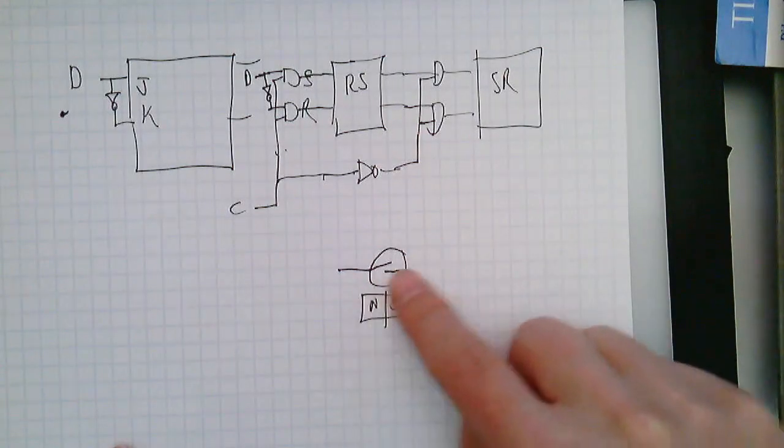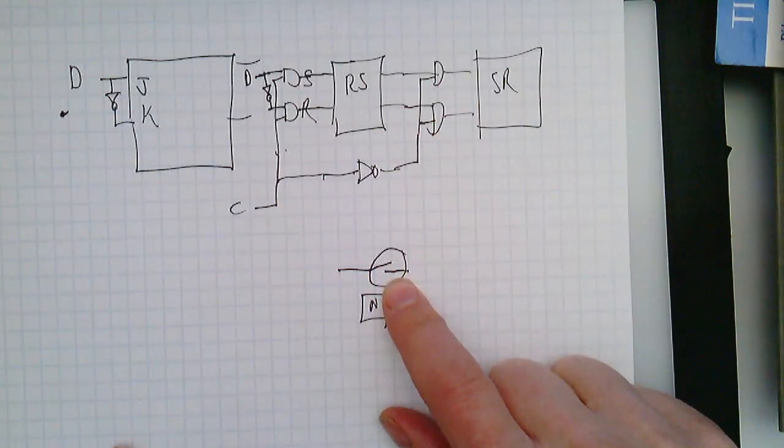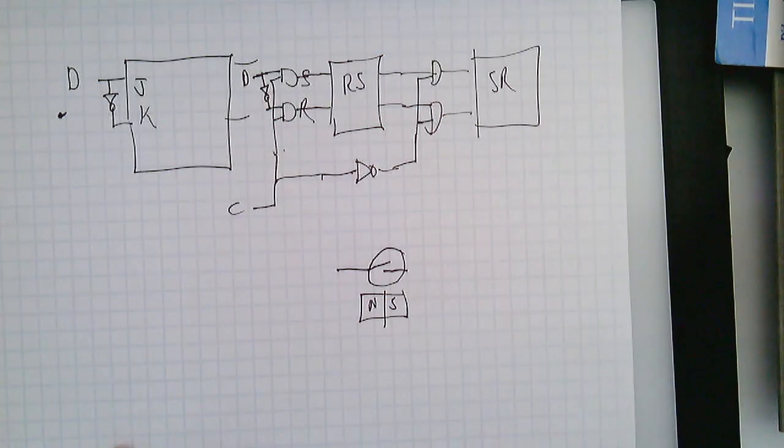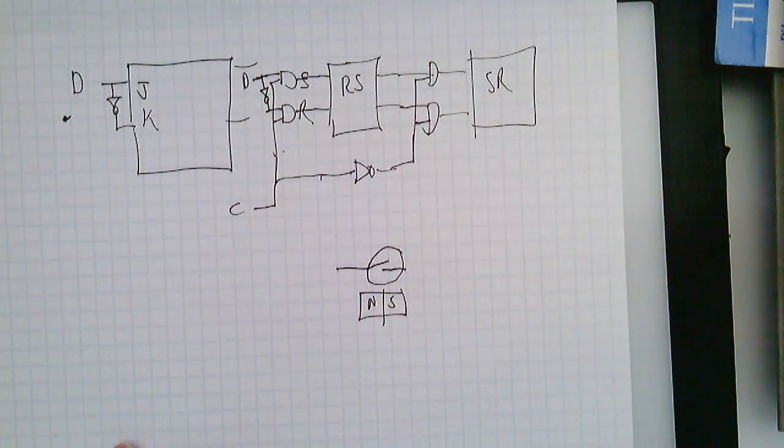Or you can use it to make like a burglar alarm. When somebody opens the window, the switch closes, and it can sense the window opened and make the burglar alarm go off. And then you can, I don't know, call the police, or have the machine call the police. It's even better.